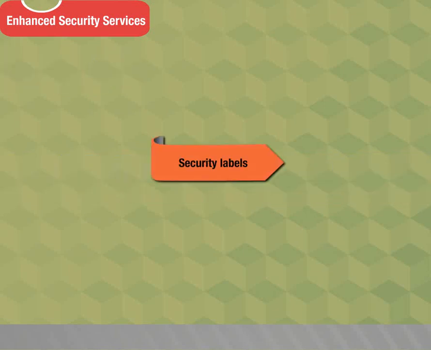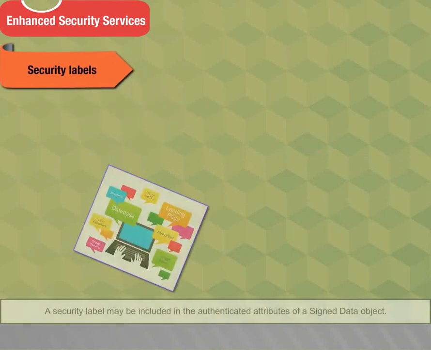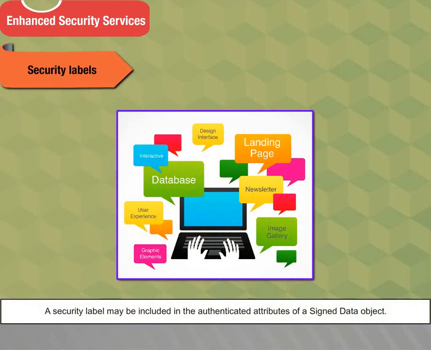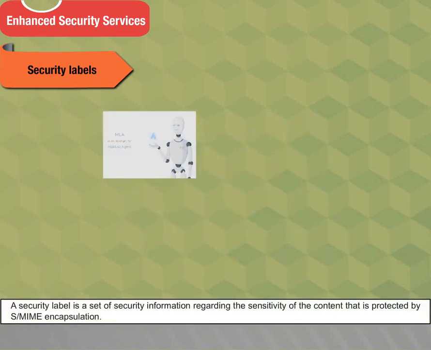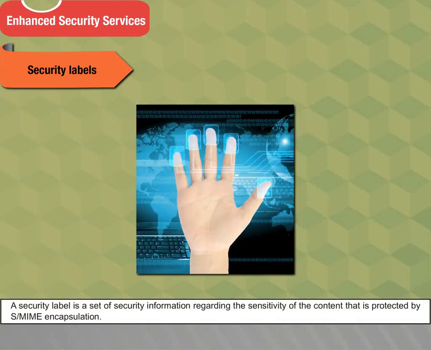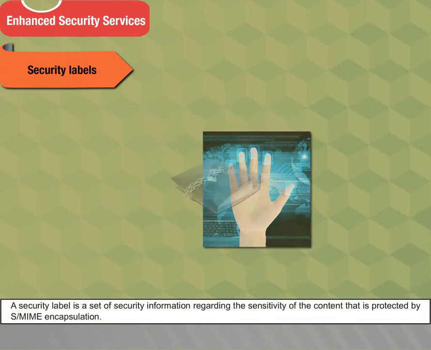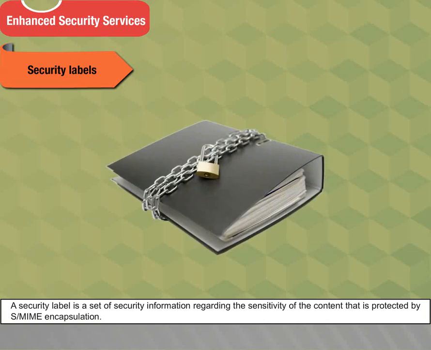Security labels. A security label may be included in the authenticated attributes of a signed data object. A security label is a set of security information regarding the sensitivity of the content that is protected by S/MIME encapsulation.